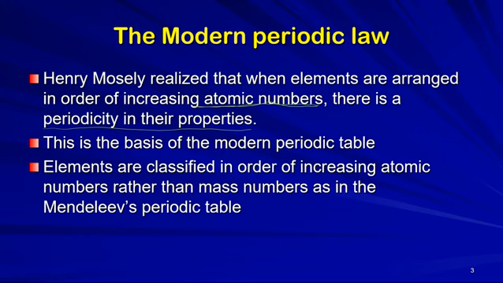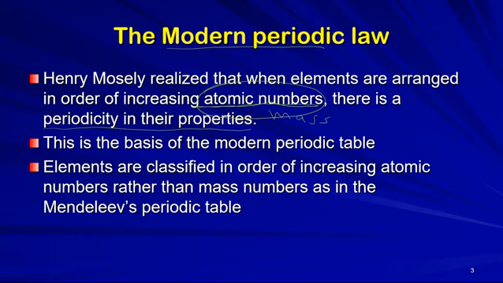So when you arrange elements in order of increasing atomic numbers, here there is something different from the original periodic law. The original periodic law suggested that the elements be arranged in order of increasing mass numbers. But here, for the modern periodic law, we use atomic numbers. So that is the main difference, and the only difference actually, between the original periodic law and the modern periodic law.